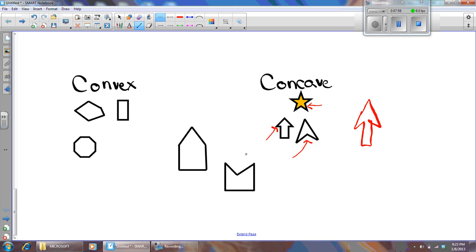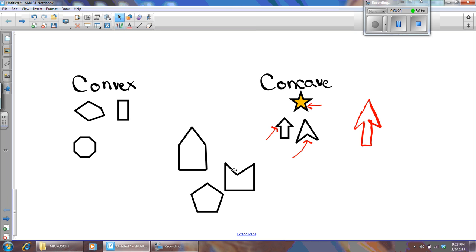Kind of like the house broke in on itself. And finally, we'll do the regular pentagon, which I believe is right here. Okay, see if you can decide which side they go to.